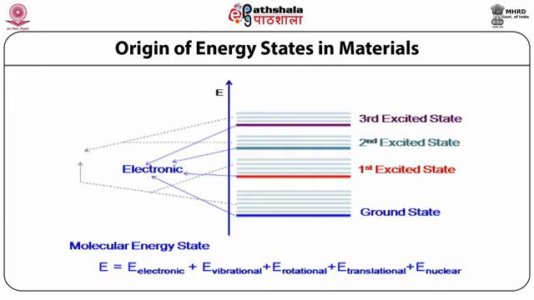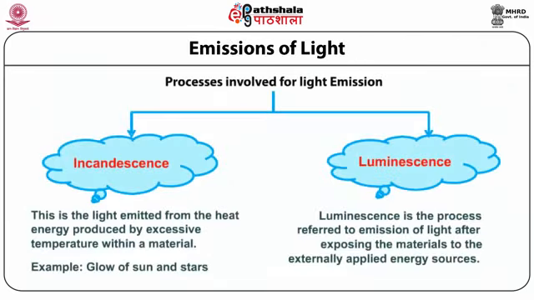So, the total energy of the molecular state can be written as energy of the electronic states plus energy of vibrational states plus energy of rotational states plus energy of translational states plus nuclear energy level. The transition of electrons within the allocated energy states gives rise to production of light artificially.